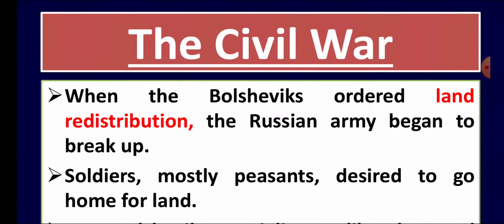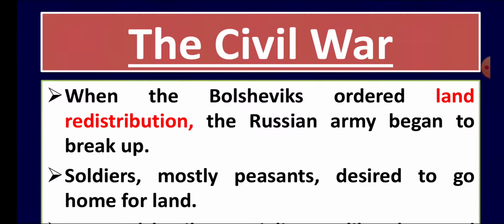Although before that, let me tell you one or two other important terms. In Russia there was a secret police called Cheka. Cheka was the secret police, and OGPU and NKVD were also secret police.